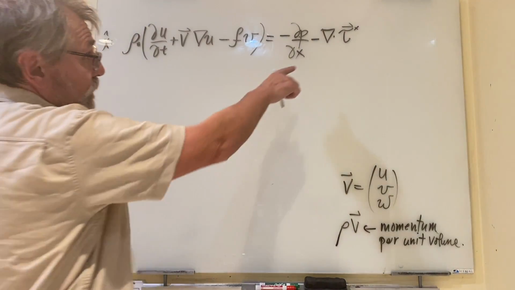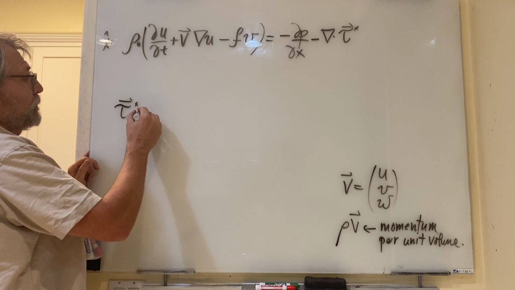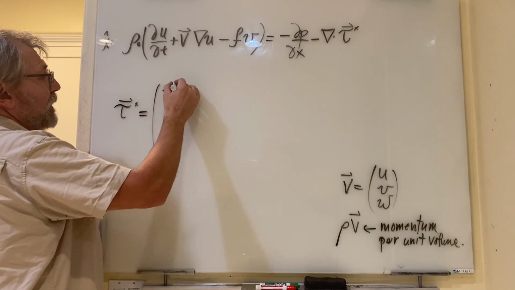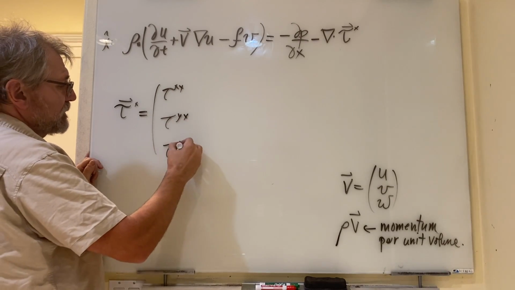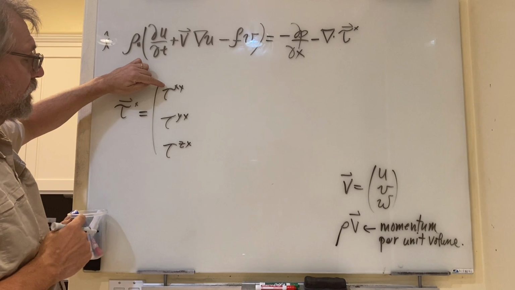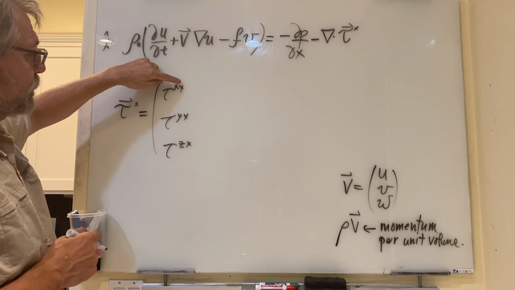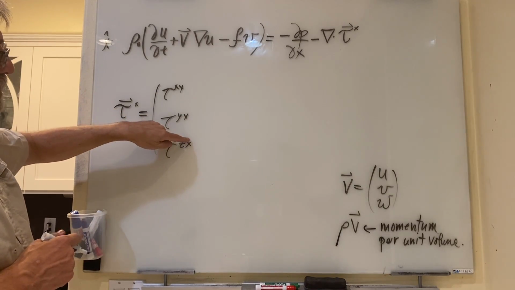And so the way we parameterize this one, tau x, we will write as a vector tau xx, tau yx, and tau zx. And we can think of this as eastward flux of eastward momentum, northward flux of eastward momentum, upward flux of eastward momentum.